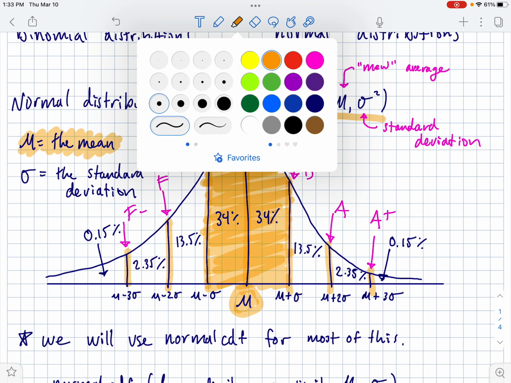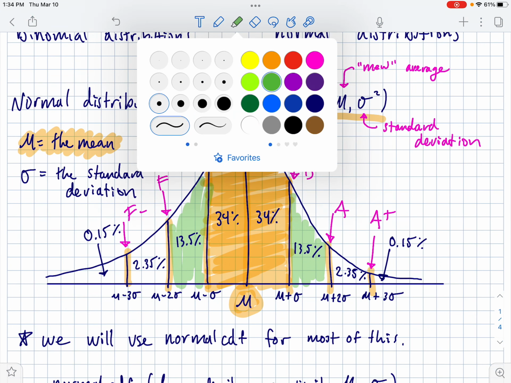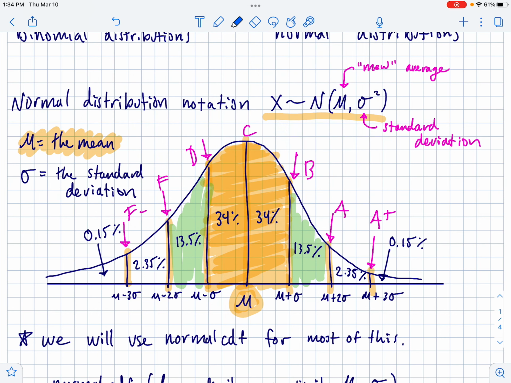They're around the mean, but the further out you get, the fewer people there are. So the people that got B's and A's are probably similar in number to the people that got D's and F's. And as you move really far out, only a few people got F minuses and A pluses. So it's got this nice normal bell curve to it.